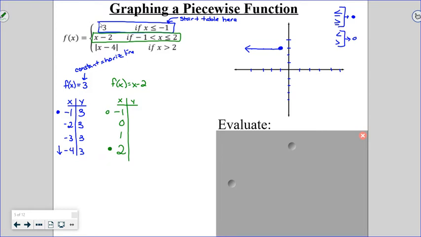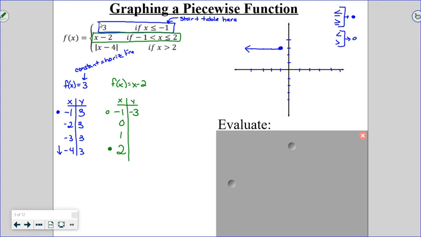Questions so far? Good? Okay. So now I'm just plugging these into my function. I'm going to take a -1 and plug it in for x. -1 minus 2 would be -3. Yeah? Isn't it 0, 1, 2? You're still going to put the number there, and then I'm just going to indicate that it doesn't equal that by putting an open dot there.